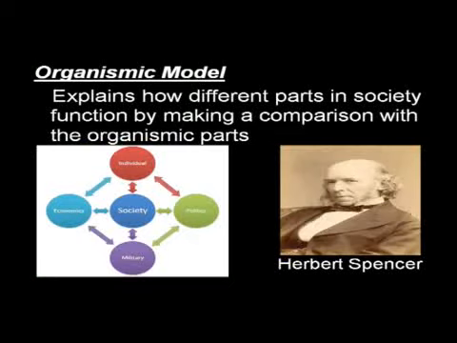The organismic model explains how different parts in society function by making a comparison with organismic parts. For example, Herbert Spencer views society in this way. As I have explained earlier, Herbert Spencer makes a comparison between the human organism and society.